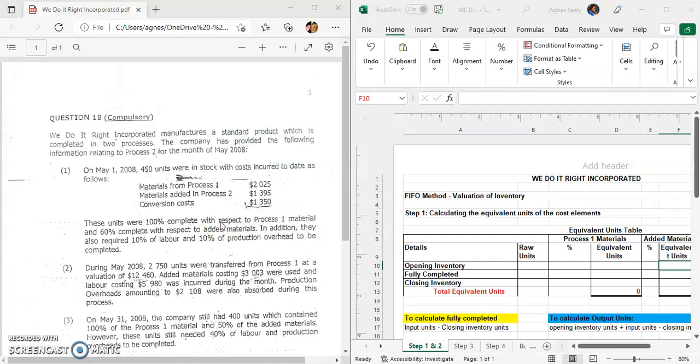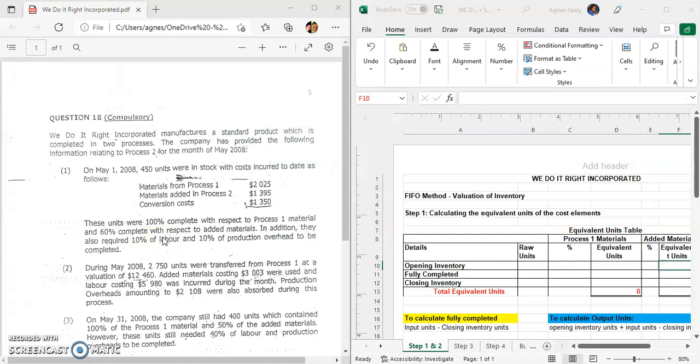It means that these 450 units don't need any more materials for process 1. And they stated that they are 60% complete with respect to added materials. So the additional materials, they're just 60% complete.